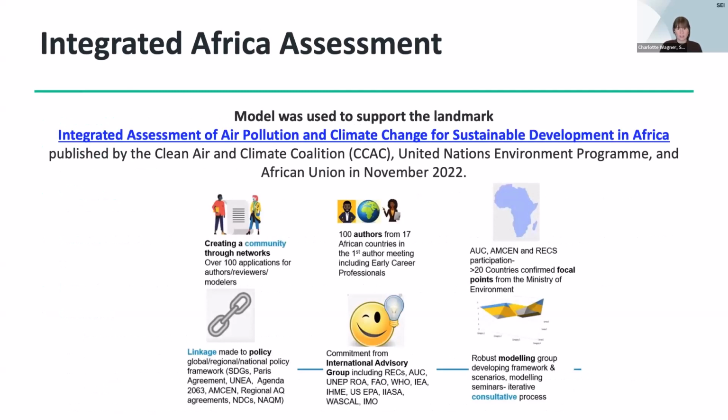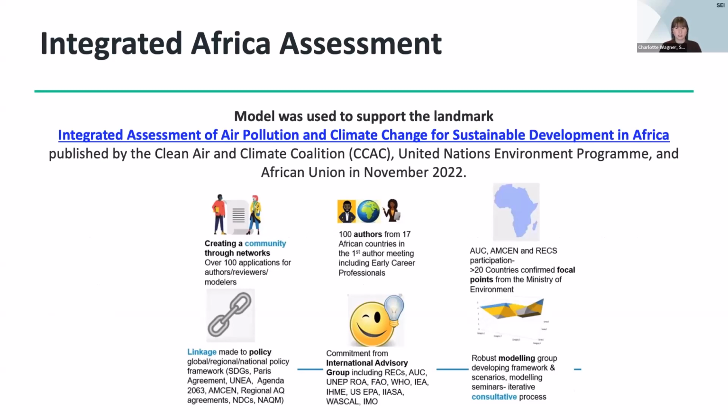The Integrated Africa Assessment Report and the model were developed through a very extensive process of various stakeholder consultations, and it really was tried to create a community through networks.